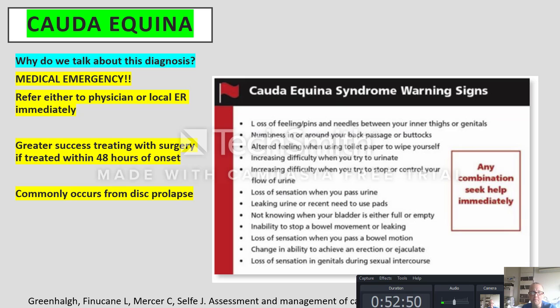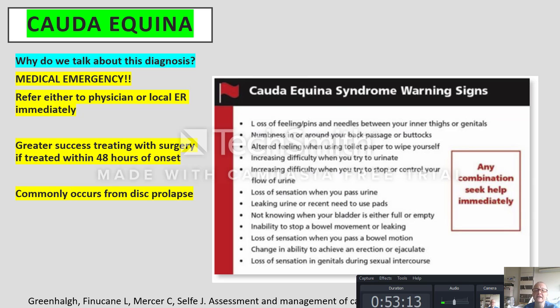So what are the warning signs? Loss of feeling, pins and needles between your inner thighs and genitals. Numbness in and around your back passage or buttocks. Altered feeling when using toilet paper to wipe yourself.